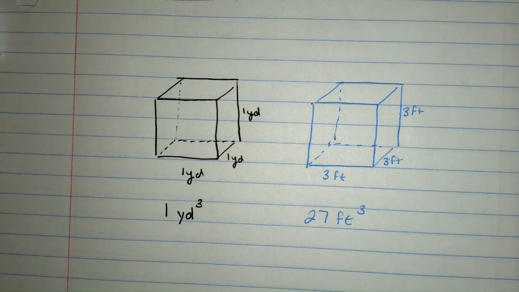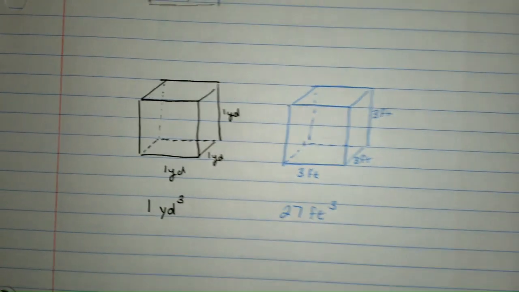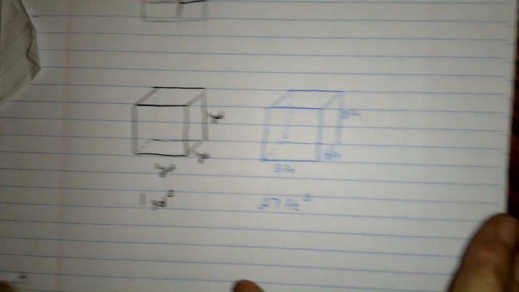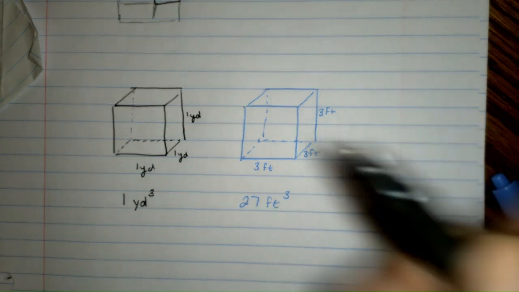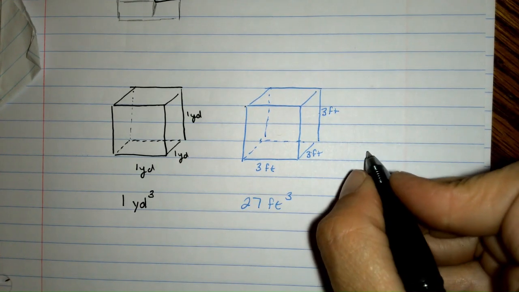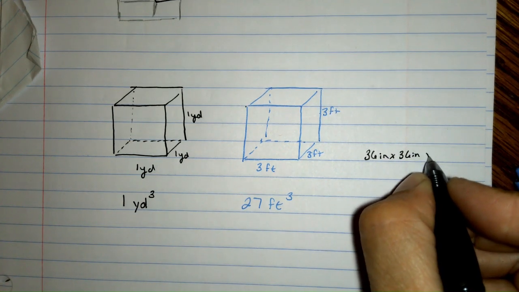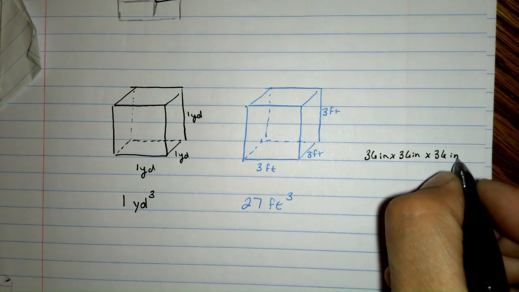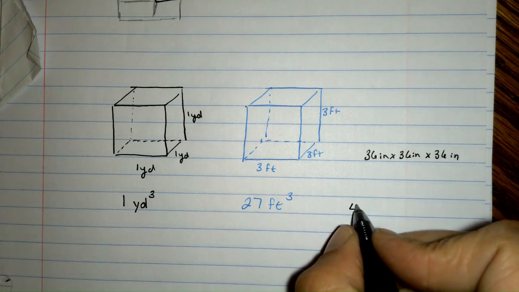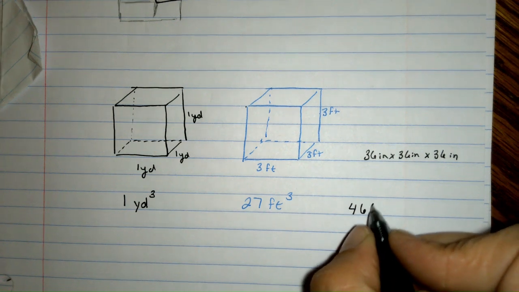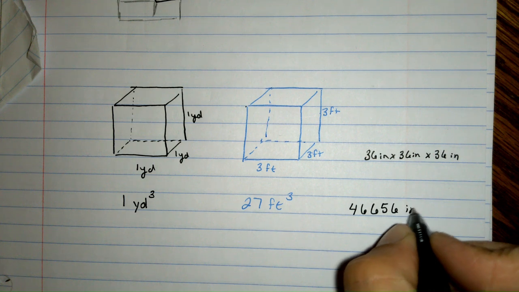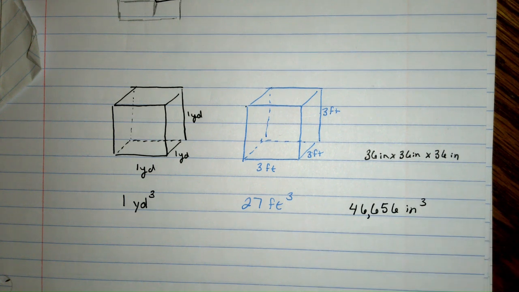How many cubic inches is that? Well, it would be 36 inches by 36 inches by 36 inches, right? Or 46,656 cubic inches.